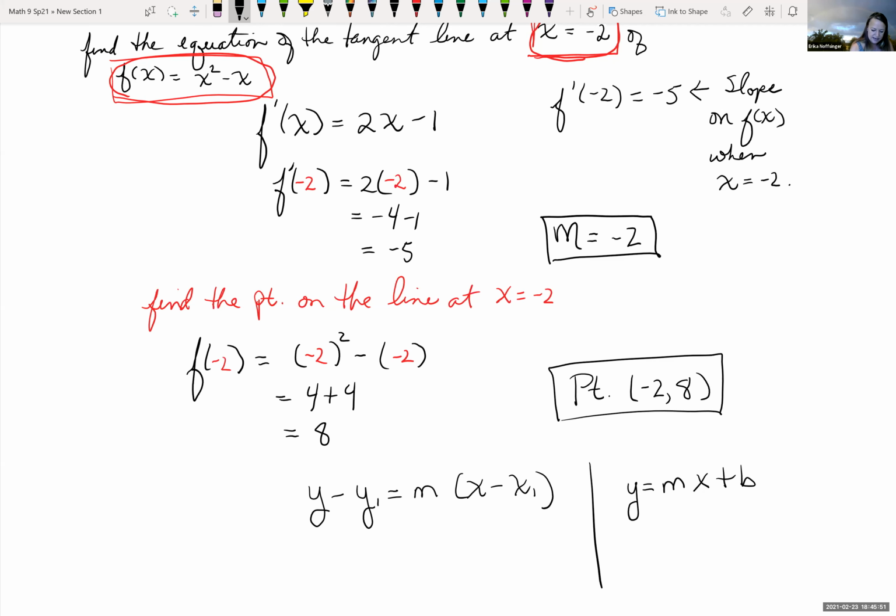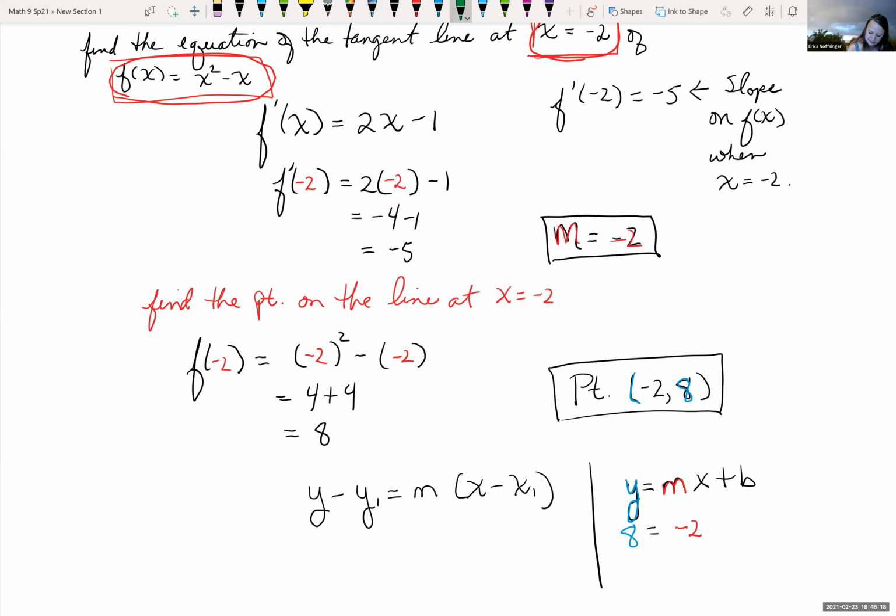When I did this last week, I was plugging in what my slope was, so -2, and plugging in what my point was. So my y value in this case is 8, equals my slope -2 times my x value.